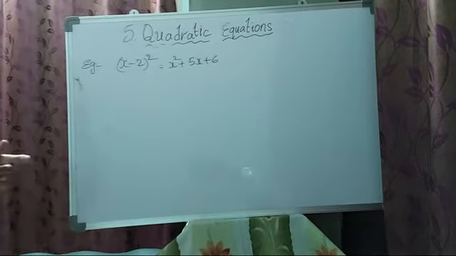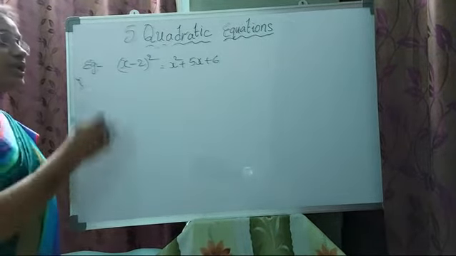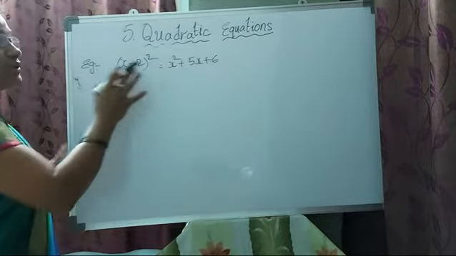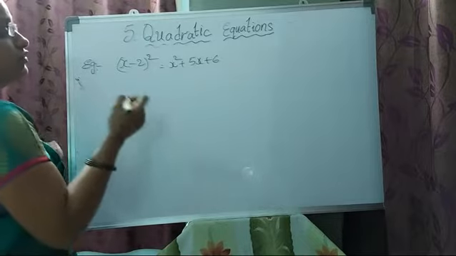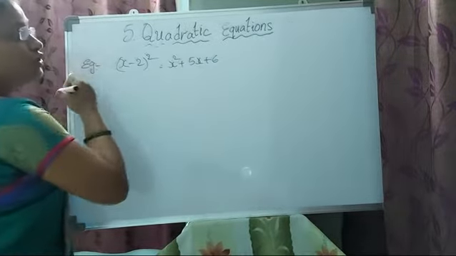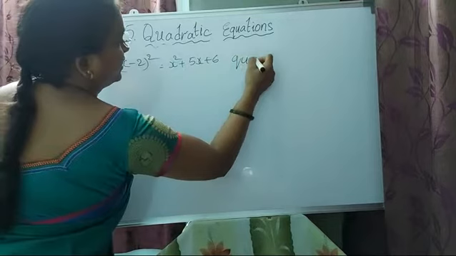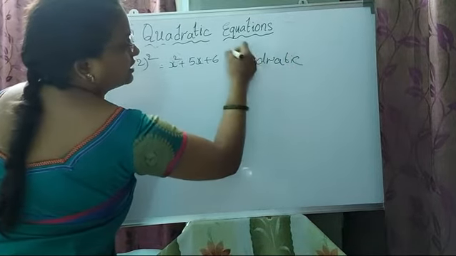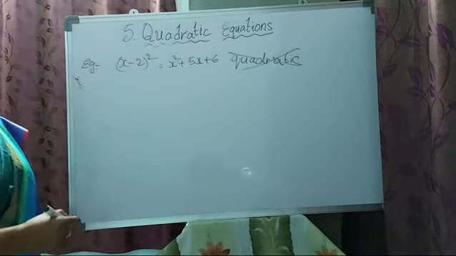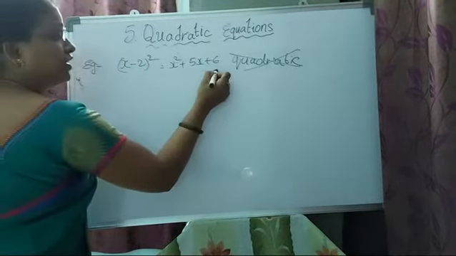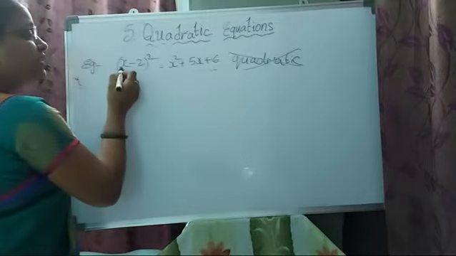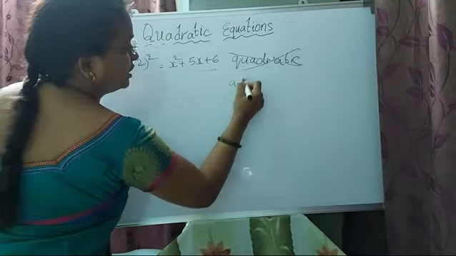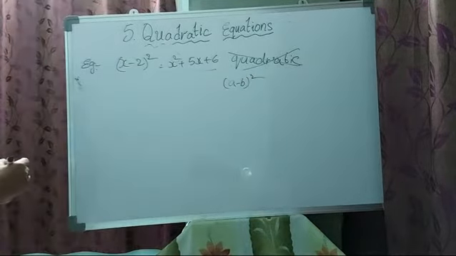Before doing any simplification, just by observing, you might say the degree is 2, so it is a quadratic equation. You should not conclude like this. If they give it like this, you have to simplify it. This is in the form of which identity? A minus b whole square.